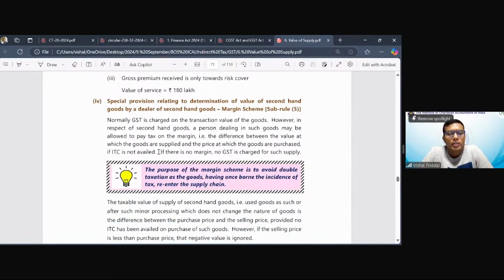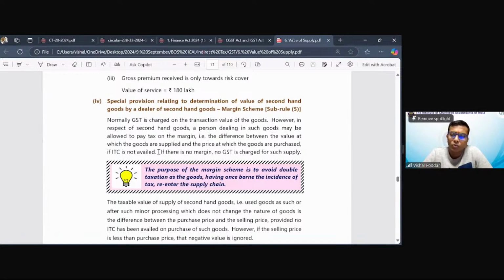Yes. Now the next sub-rule is dealing with those persons who are dealers of second-hand goods. Generally, I'll give you the most simple and practical example. This is of cars. In every city, you have these various car malls where they deal in second-hand cars.